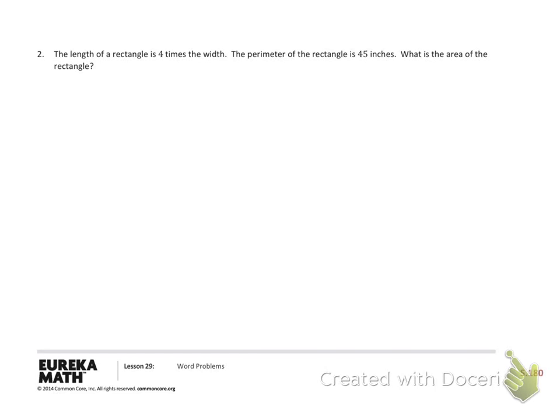Okay, so we want to define variables. We need to find the area of the rectangle, but in order to find the area, we need to know the length and width. And so those would be our variables. So we're going to let x be the length and let y be the width.